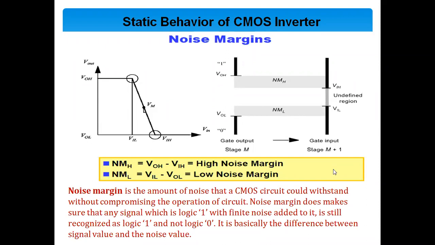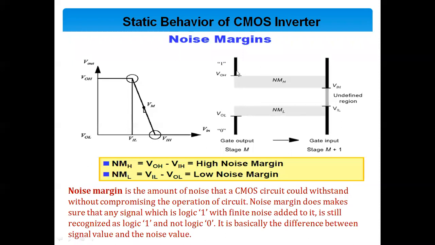Now how to calculate this noise margin? Basically it is determined by the high noise margin and low noise margin. The high noise margin is VOH minus VIH, right? Where is VOH? Here.